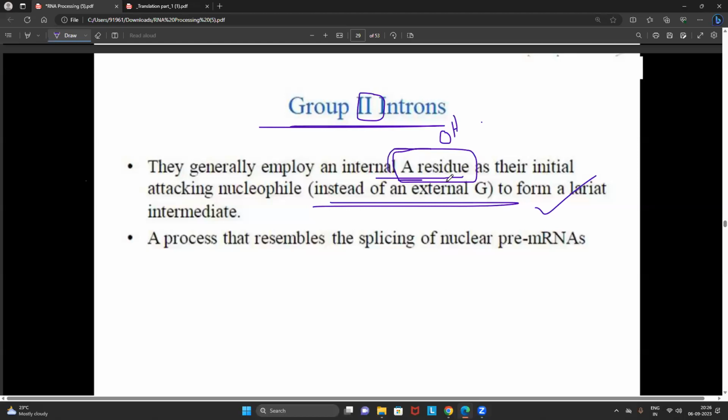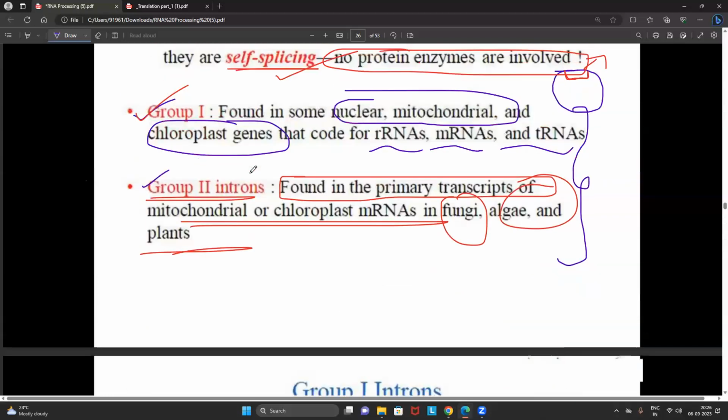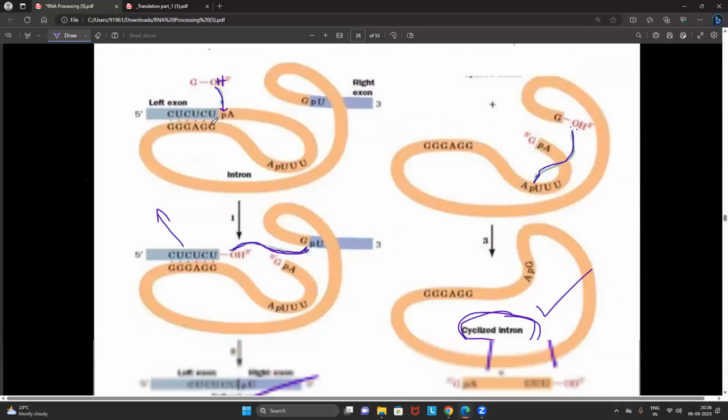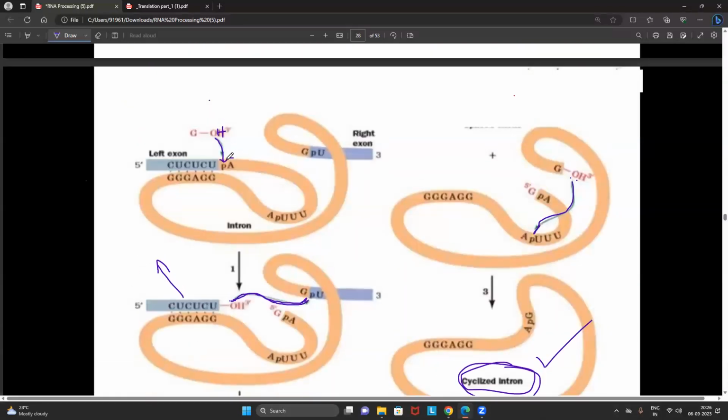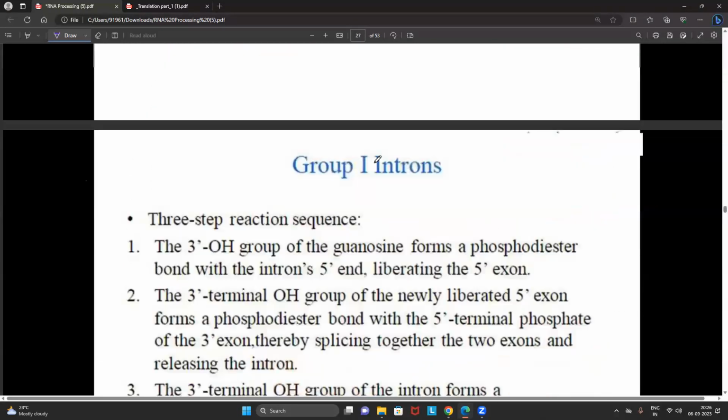Group 2 has its own adenine. So what is the specialty of group 1? Group 1 has the branch point, but the branch point does not have the OH group. You have to remember, the OH group comes externally from the guanine. So this is the difference.